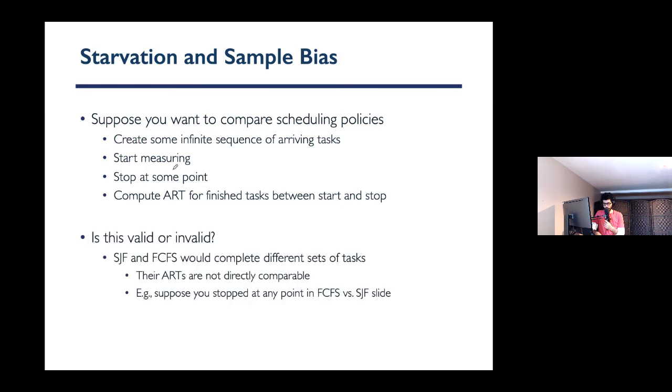The reason is because let's say A was SGF and B was FCFS. Now, after 2 days of running A and B, are you sure that the tasks that completed under A are the same as the tasks that completed under B? And the answer is no, not necessarily. Because under A, all the short tasks are gone.